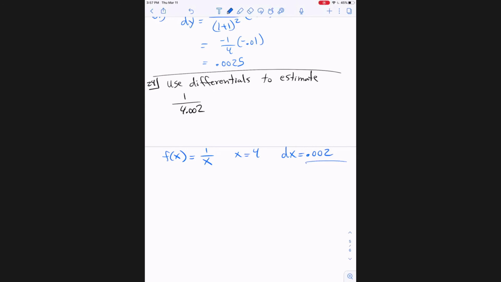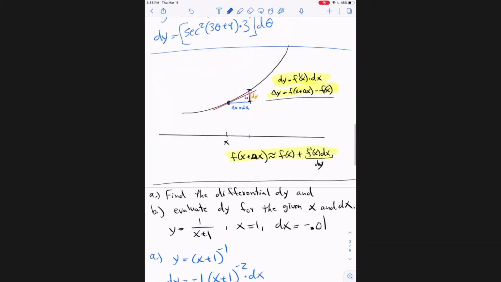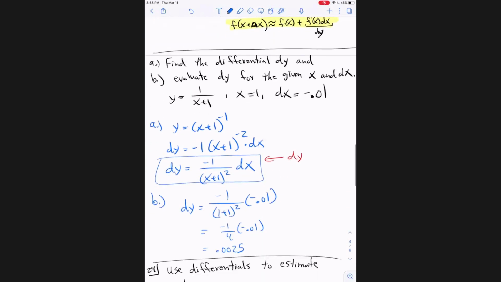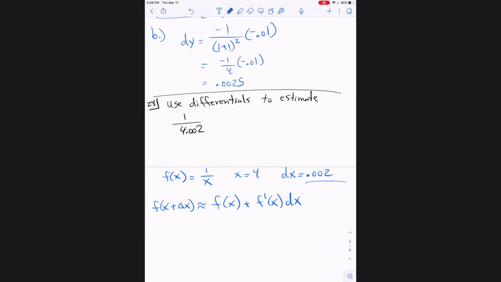So now, you're going to use this formula: f of x plus delta x can be approximated. It's approximately equal to f of x plus f prime of x dx. That's what I had here highlighted. Now, before I use this formula, I need to figure out what the derivatives are, because we're going to use derivatives.